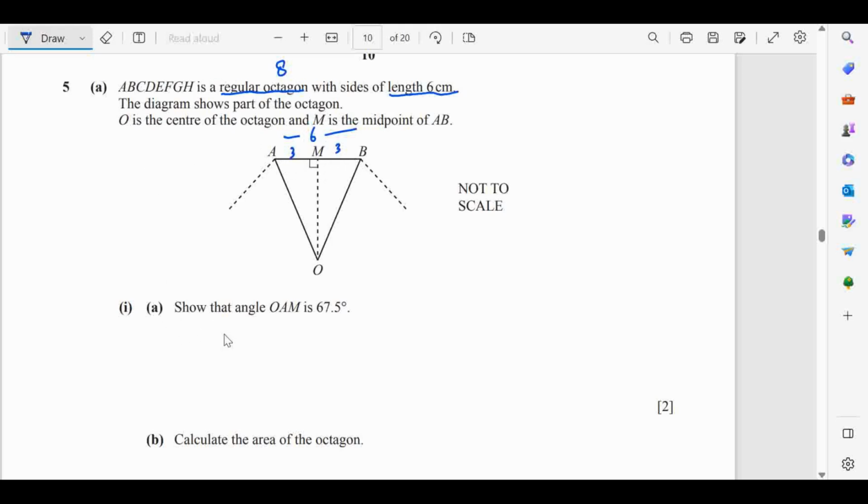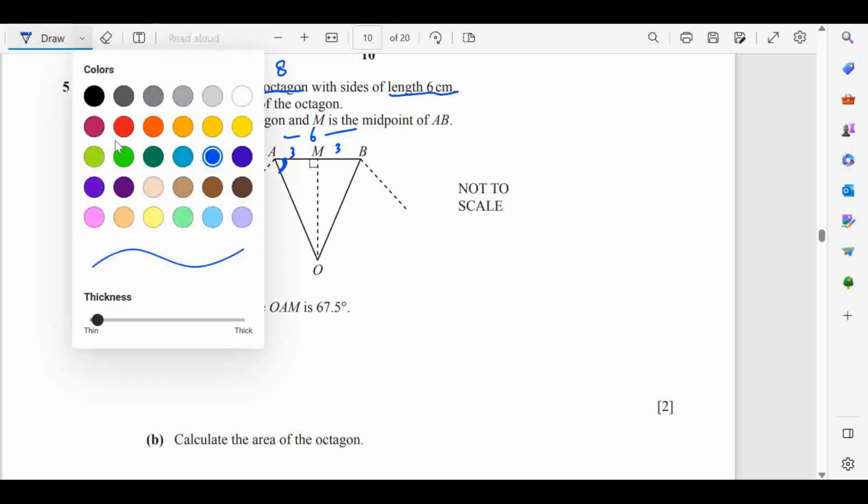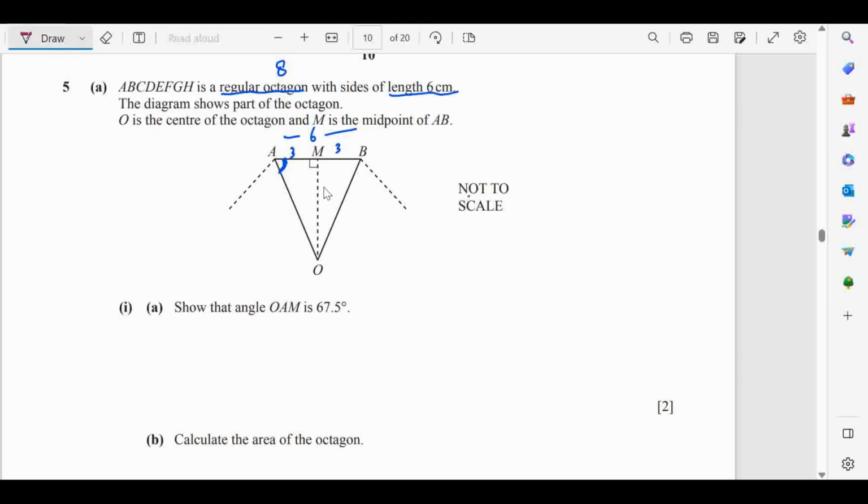Now show that the angle OAM is 67.5. So we need to prove that this angle is equal to 67.5. Now we can see that this is a regular octagon, and it means that this angle must be equal to half of this whole angle. So let's find this whole angle.